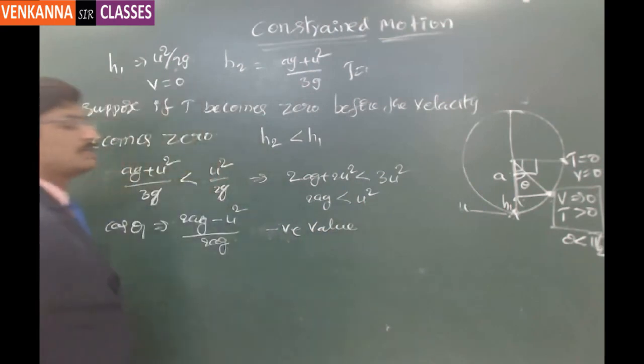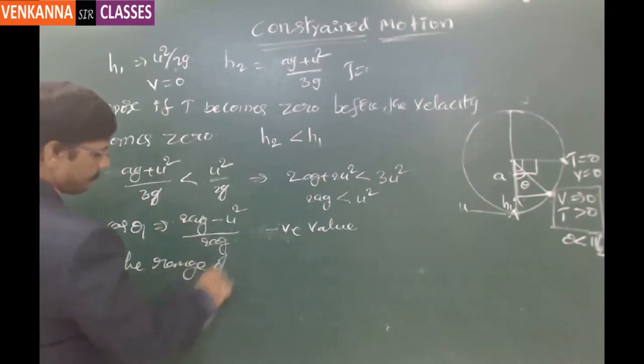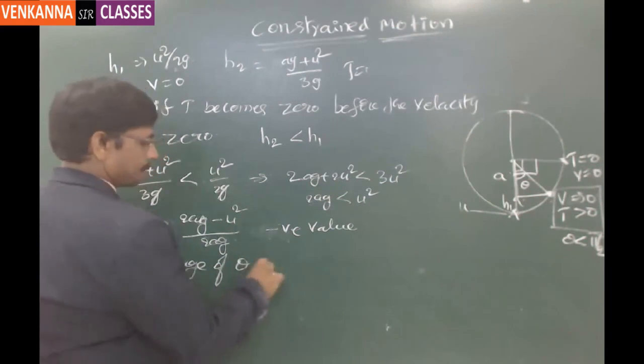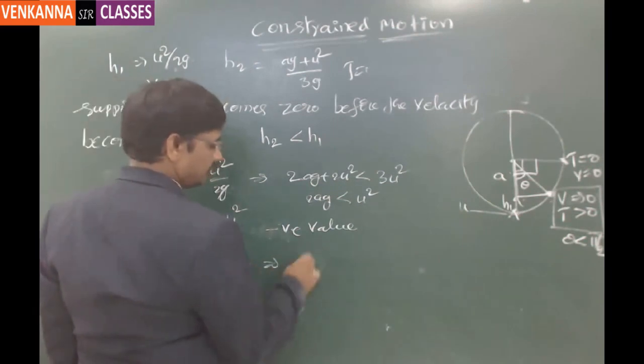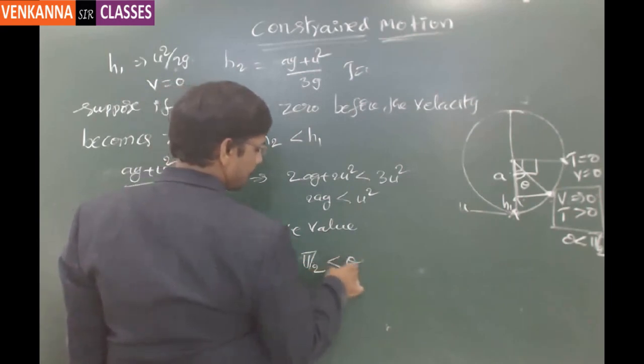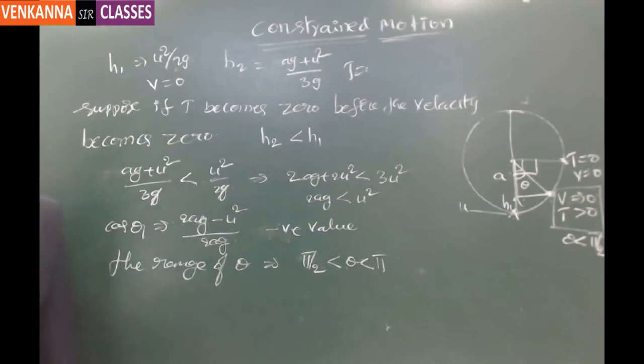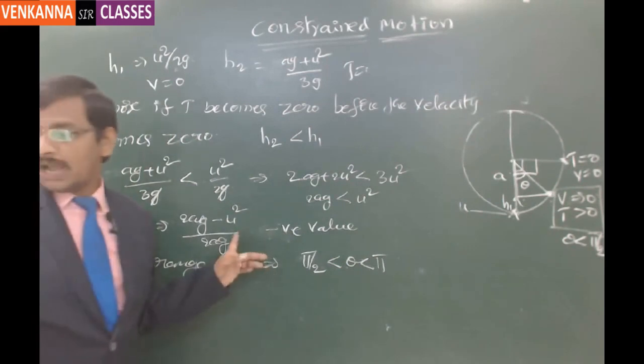If this value is negative, then the range of theta is in between pi by 2 to pi. So this is the range of the angle theta where it can have a negative value.